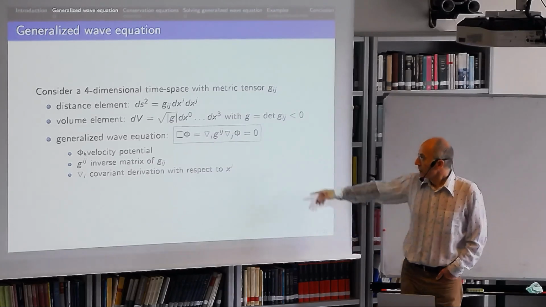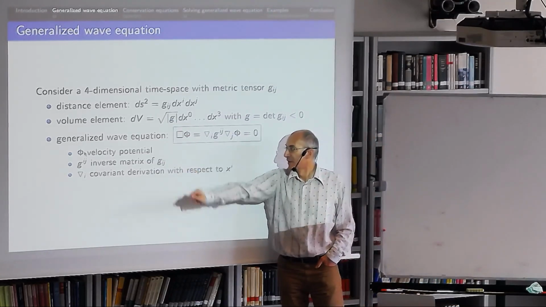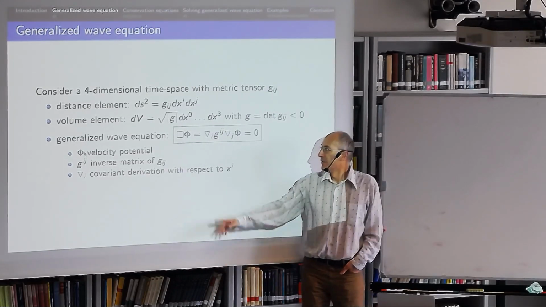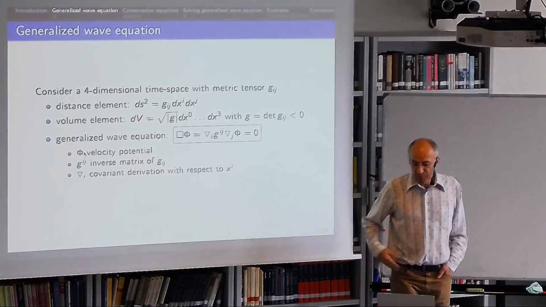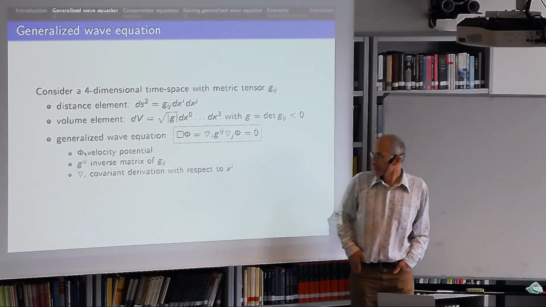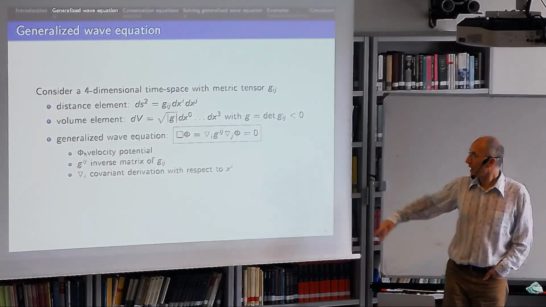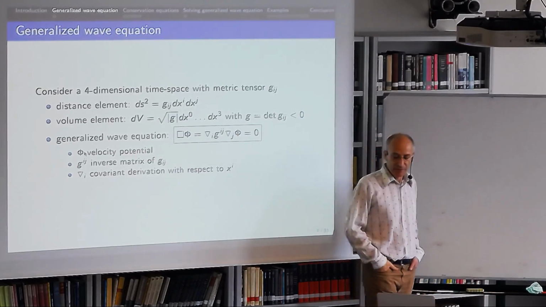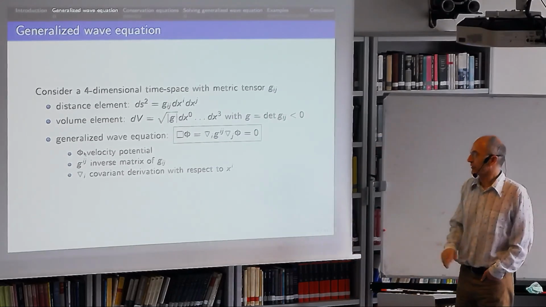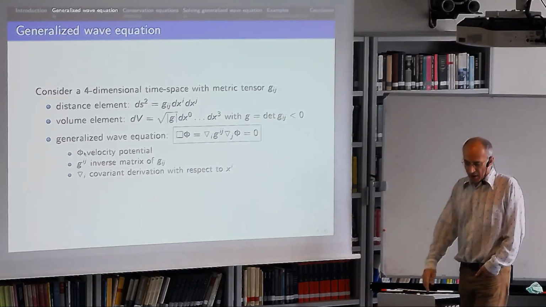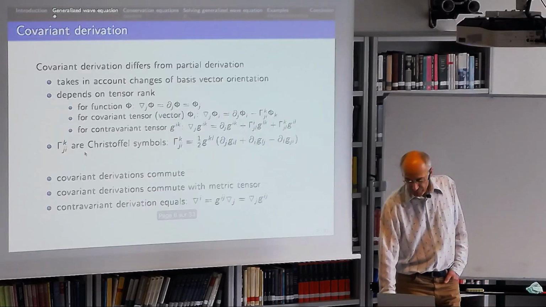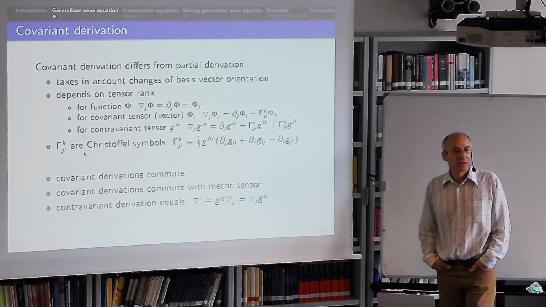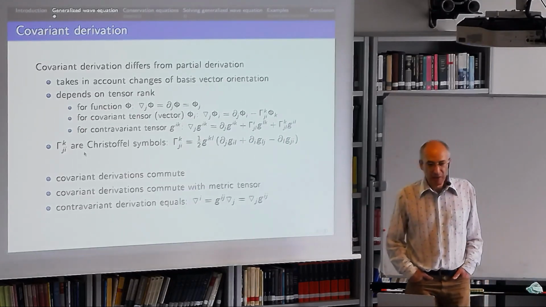And the generalized wave equation, for which I use the D'Alembertian sign, is just using the second derivative. But here we are using covariant derivation with respect to the variables x^i, and g^ij is the inverse of g_ij, so they are not exactly the same. What is covariant derivative? It's not the same as partial derivation because it takes into account the changes of the basis vector orientation.